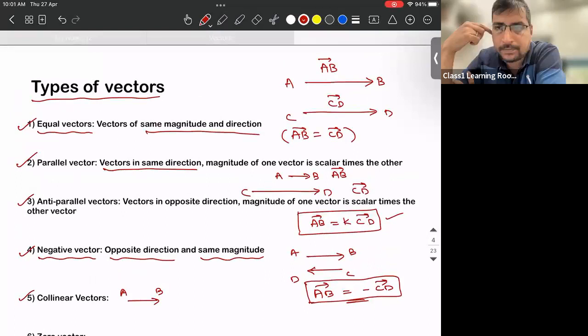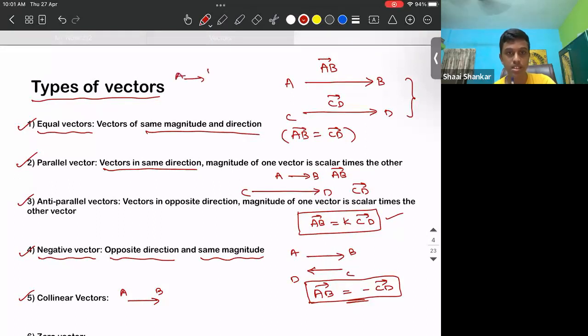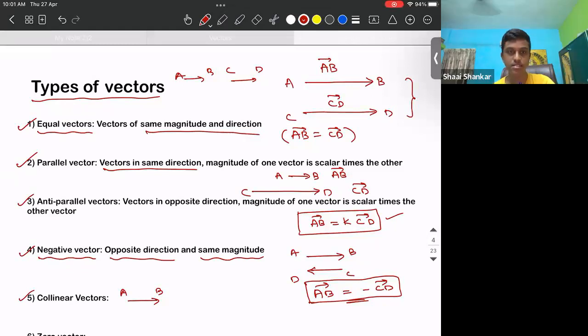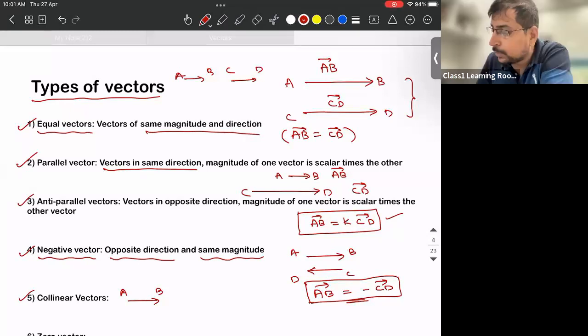For example, one vector can be like this. When I told you the equal vector, they have the same magnitude. Can I call these vectors to be equal vectors? One minute.